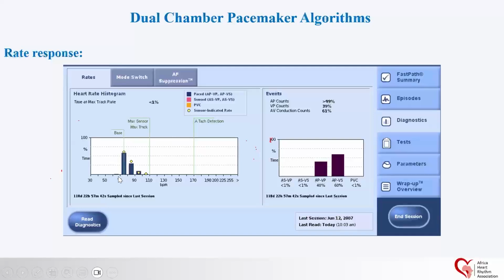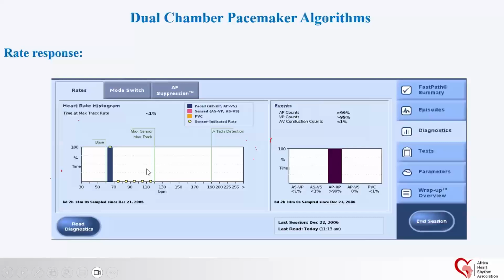That means we have a paced event like that, and we have an indicator for the sensor. That means the frequency in this case is supported by, or derived by, the sensor. In this case, we can say that the sensor works well and adapts the frequency to the activity of the patient.